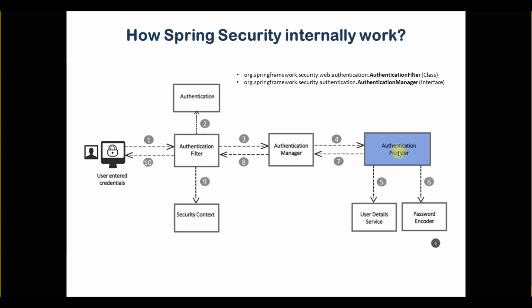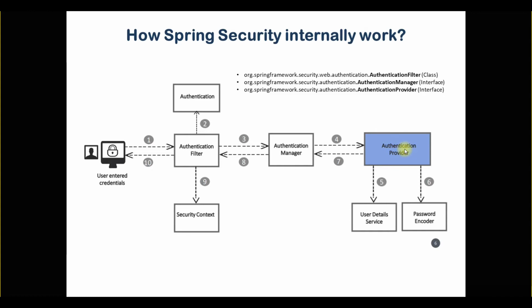So there can be many possible providers that the authentication manager may have. Then the third term is the authentication provider. Once the authentication provider receives the request, this is the place where all your business logic will be implemented. When I say business logic, I mean the logic related to your security, like how do I validate username and password. You will implement all your security validation logic inside your authentication provider.